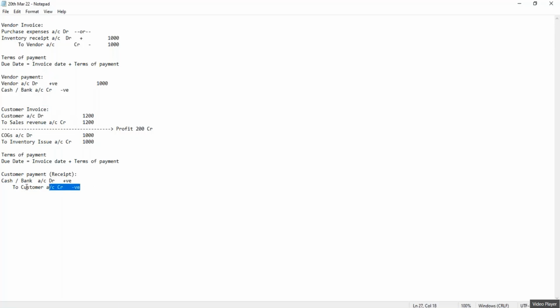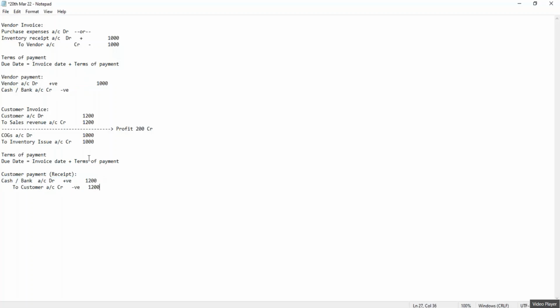Now at the time of customer payment, it is credited. That 1200, suppose he has paid, then it will become 0. So in the balance sheet, this 1000 will be posted, and in P&L this is also posted. The difference between these two is a profit. You have paid 1000 to the vendor, but you have received 1200 through cash. So the profit is 200.